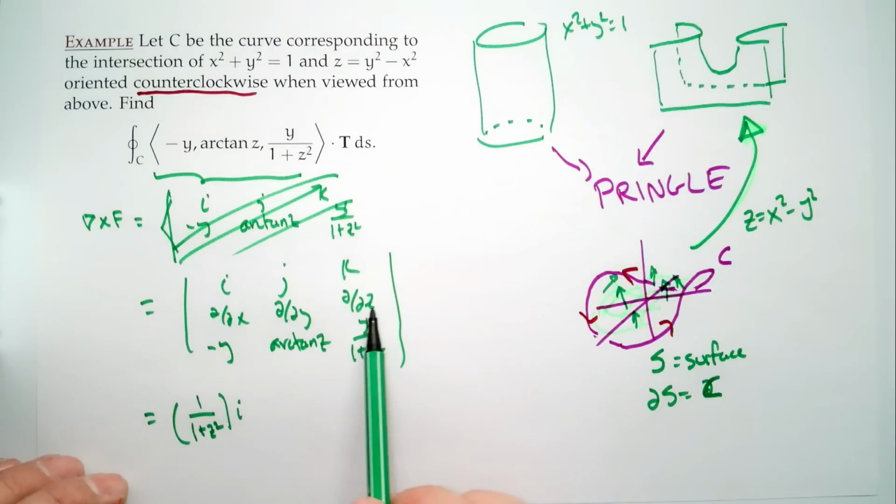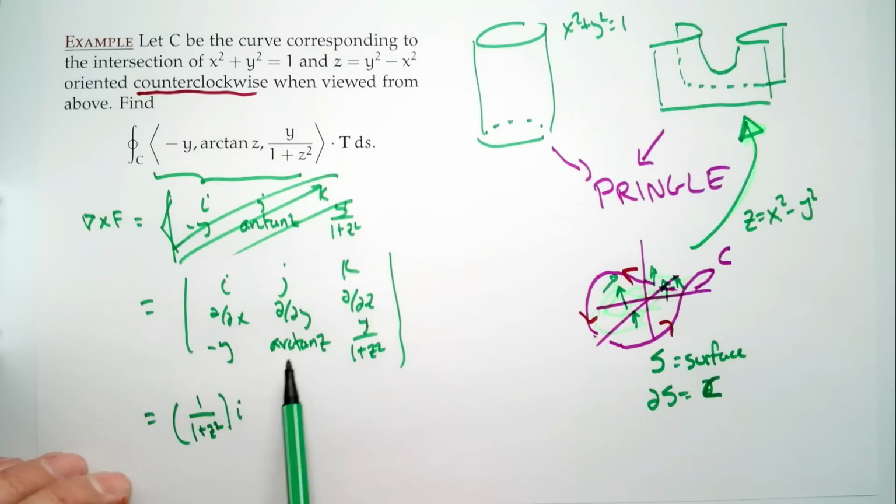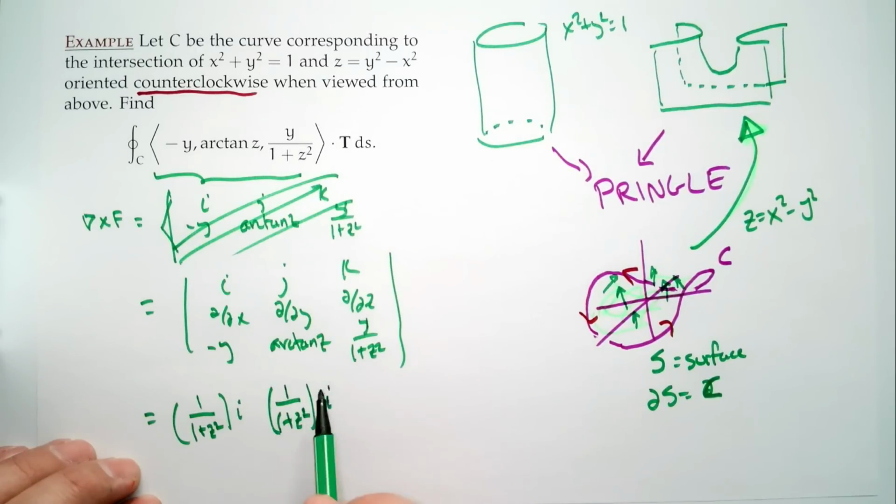i, partial z of arctangent of z. Oh, well, that's not going to go away. Because the derivative with respect to z of arctangent of z is 1 over 1 plus z squared. But wait a second, we're going in the other direction. Subtract.